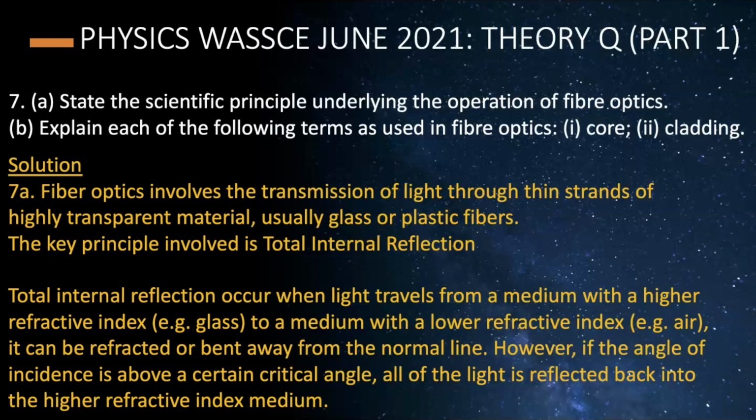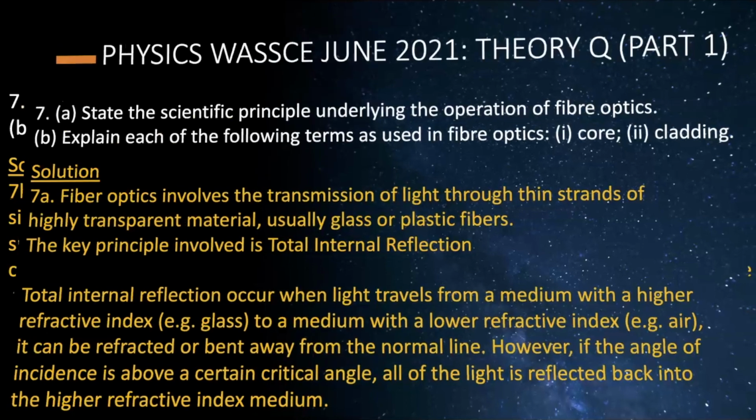If you continue to increase it and it goes beyond a certain critical angle, so there is a critical angle, if the angle of incidence exceeds that critical angle, all the light will be reflected back into the glass, that is into the medium with a higher refractive index. And when this happens, we say that total internal reflection has occurred. I will ask you to go back and follow step by step what I just explained, in case you did not get it. But that's really what it is.